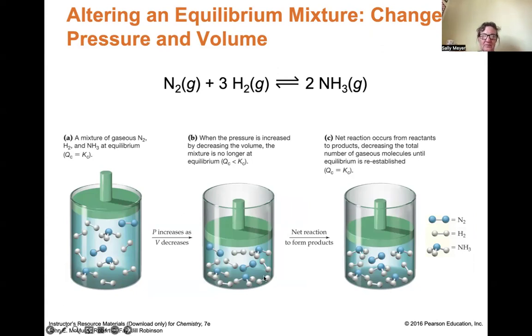So if you increase the pressure, it wants to relieve that pressure. It will react in the direction where you have fewer moles of gas, because that's the side that decreases the pressure. So it's going to go from reactants to products, because there'll be a lower pressure if you have more NH3 and not as much N2 and H2.